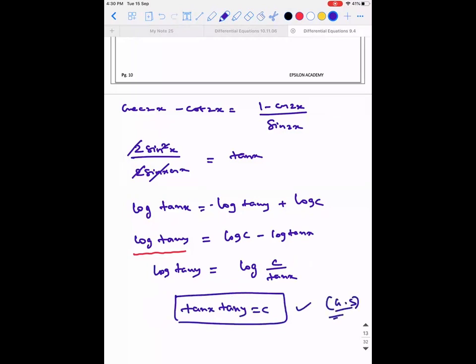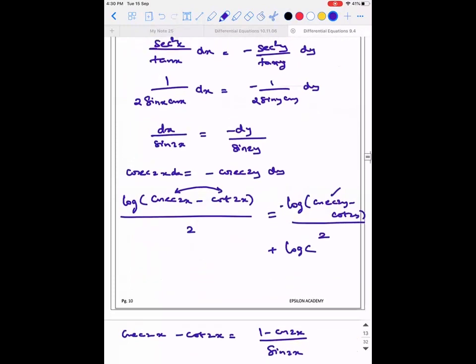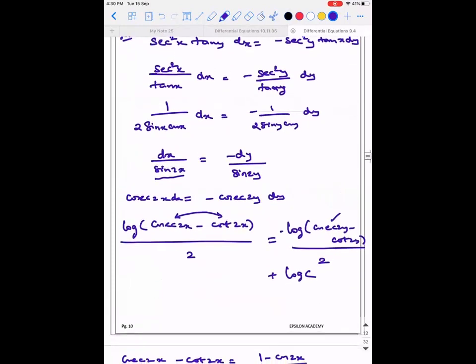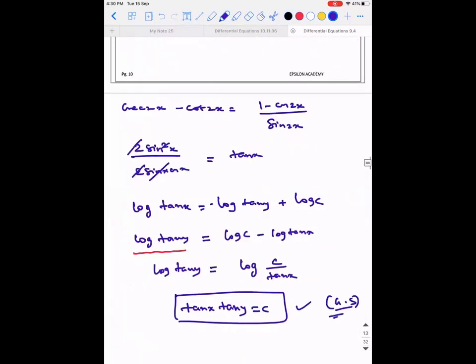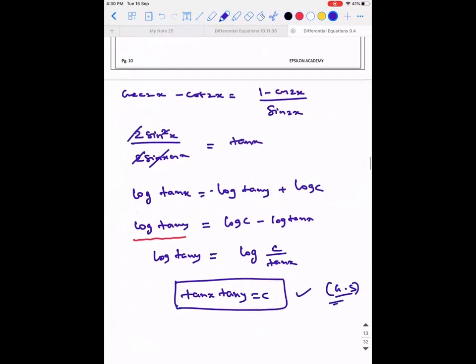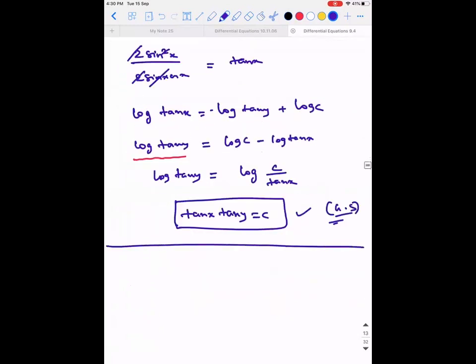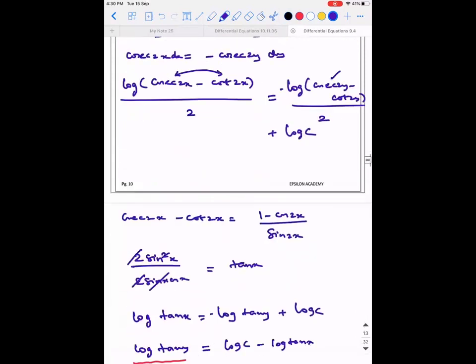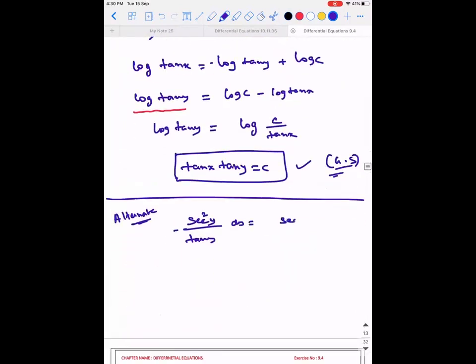So what we did is, we tried to write it in the form of sine 2x and then solve, right? Is there any other way you can solve this problem? The alternate method is, we had one of the steps like minus secant square y divided by tan y into dy is equal to secant square x divided by tan x into dx.